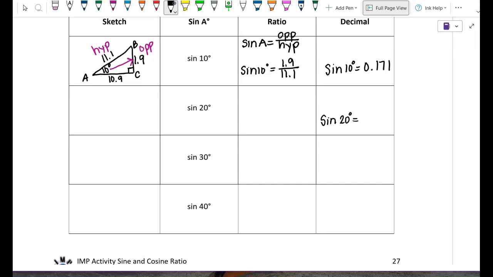Starting right here in front of me, what did we get for the decimal for the sine of 20 degrees? What was that, Sergio? 0.345.